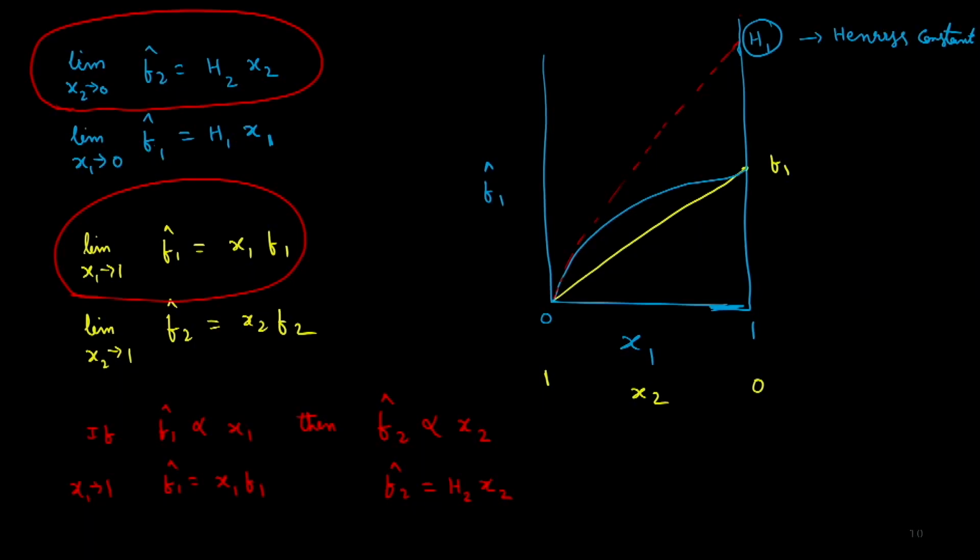Similarly, at the other limit, at x2 going to 1, we have almost pure 2, so f2 hat will be x2 times f2. The constant of proportionality is f2, and as x2 goes to 1, x1 goes to 0, we have infinitely dilute 1, and f1 hat will be x1 times h1, or the Henry's constant for 1.